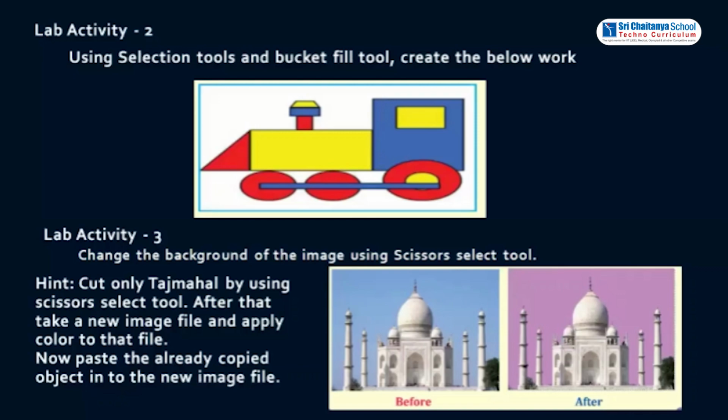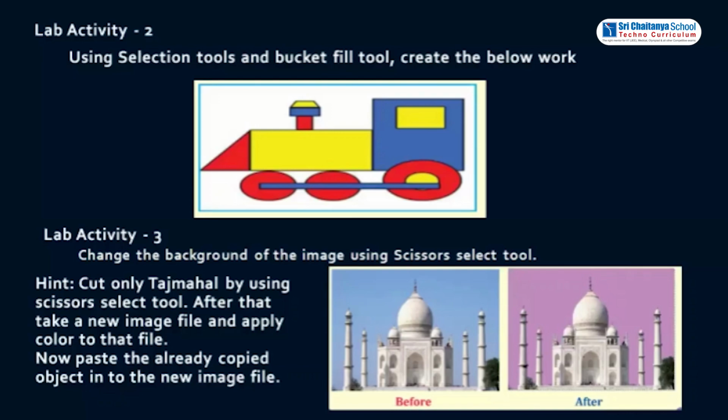The freehand selection tool can be used to draw a triangle. Again, the thing which you have to remember is, once you select that particular area, keep the mouse pointer inside and click once. Then only the area will be selected. After that, you can use the bucket fill to give the colors as shown in the figure.